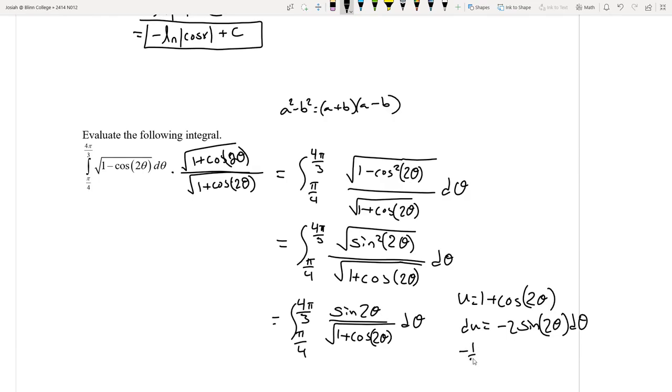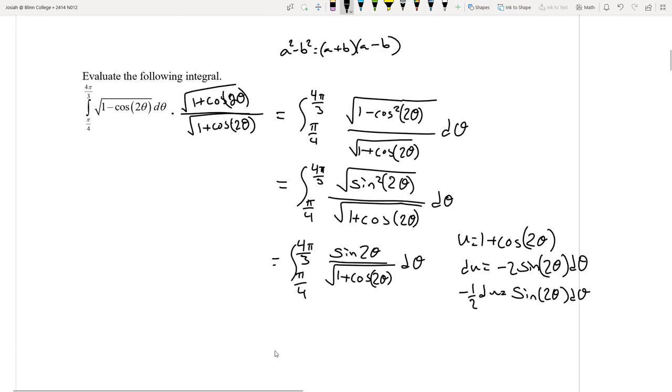We divide both sides by negative 2, and we get negative 1/2 du is going to be equal to the sine of 2 theta d theta. So we have a negative 1/2 that we're going to end up replacing in here. I'll go ahead and pull that outside first.